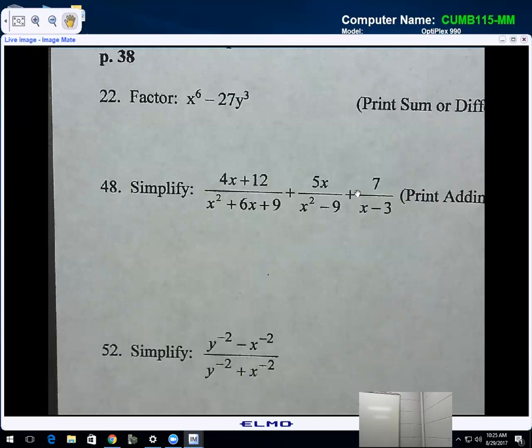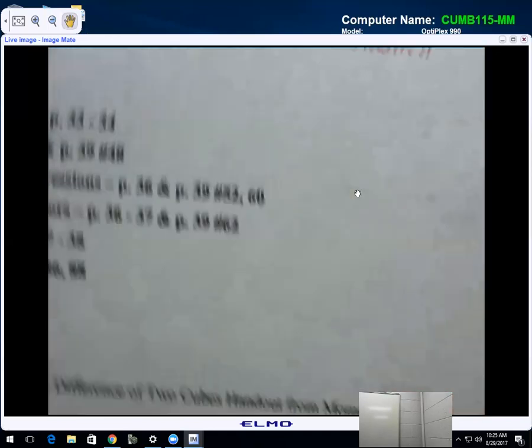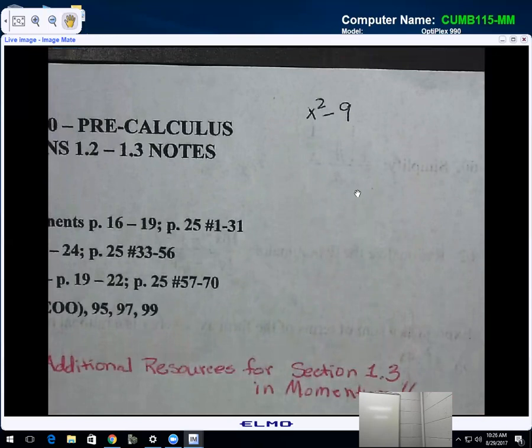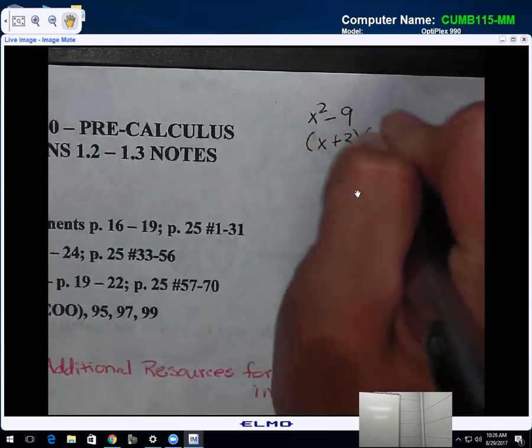Give me your favorite number that's a perfect square. 9. So if I had x squared minus 9, that would be a difference of two squares. X squared is a perfect square, 9 is a perfect square, and they're subtracted. Remind me what it looks like when I factor x squared minus 9. X plus 3, x minus 3.